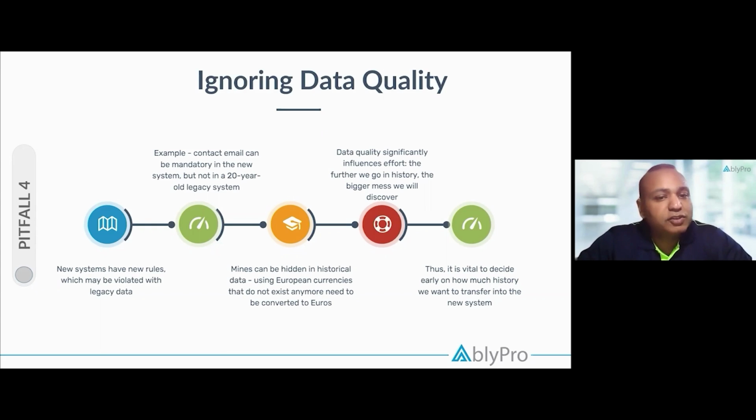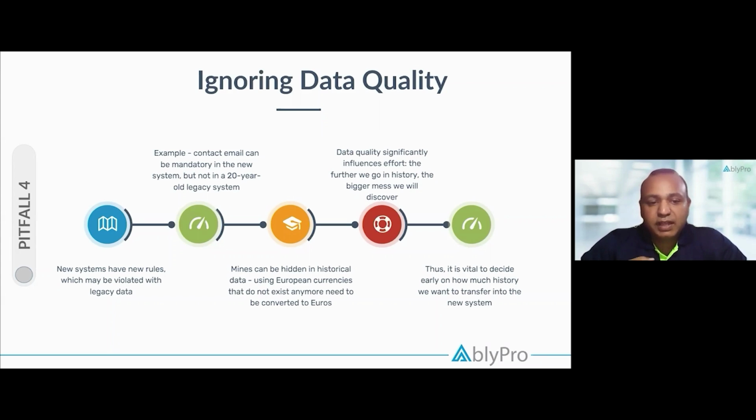So it's a waste of effort for us and we will have to redo it by analyzing it. So data quality significantly influences effort. The further we go in history, the bigger mess we will discover. There may be so many changes that have happened in the new system which are not present in the old legacy system. So it is very, very important to decide early in the stage how much history we want.